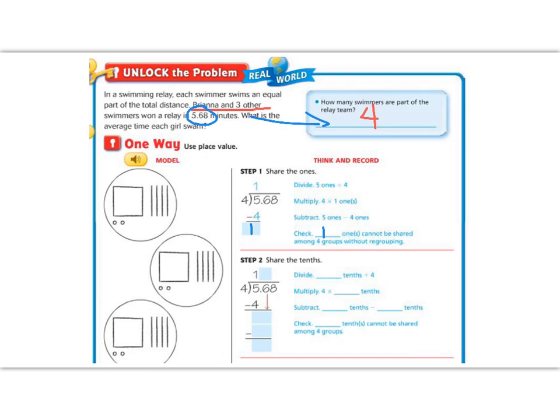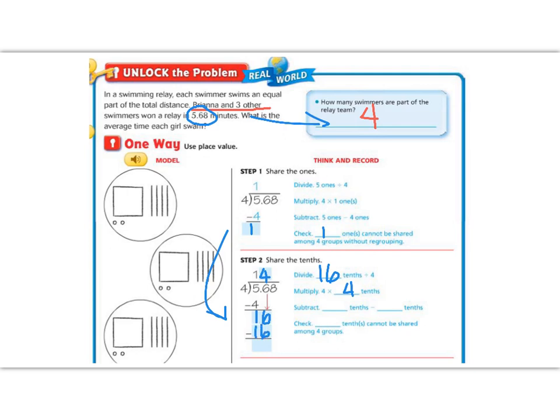So now we're ready to go to our next step, step 2, and bring down the next number. We had 1 left over, and now we're going to bring down the 6. Now we're trying to divide 16 tenths by 4. 4 goes into 16 4 times. So 4 times 4 is 16, so 16 goes underneath.